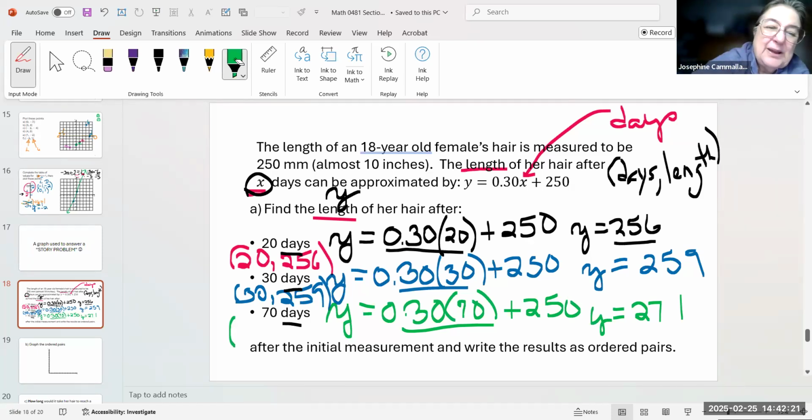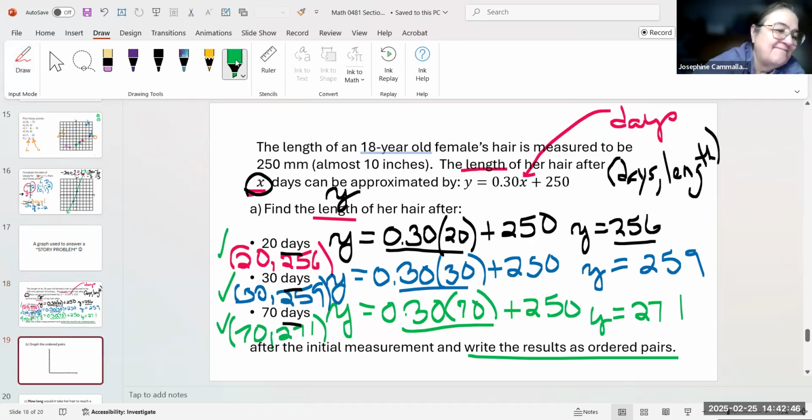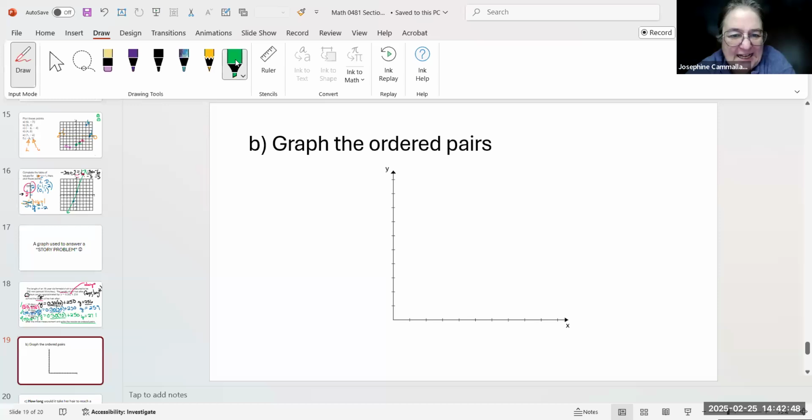My ordered pair is 70, 271. Okay. These are all of my ordered pairs. And notice, write the results as ordered pairs. Well, here's my result. Now, why do I need those ordered pairs? Guess what comes next?